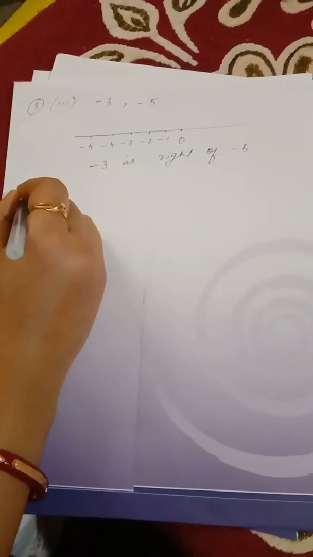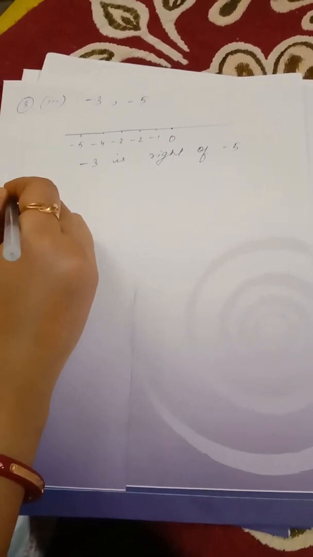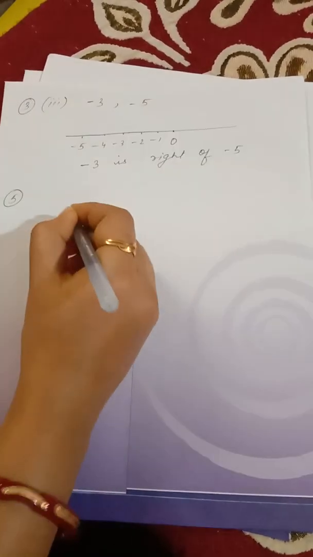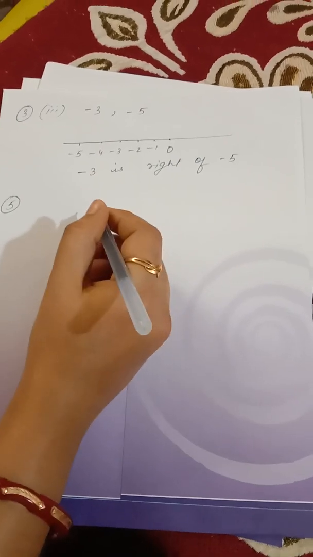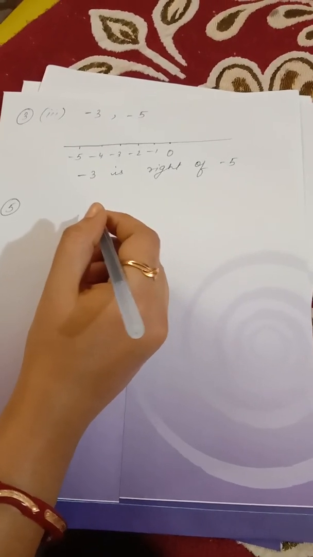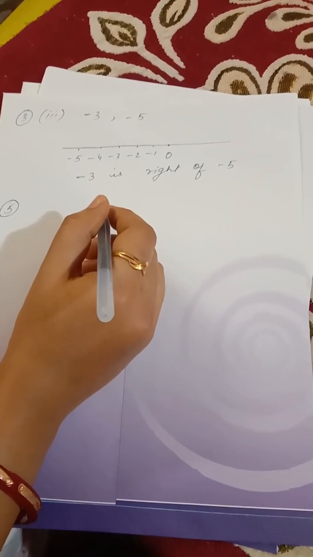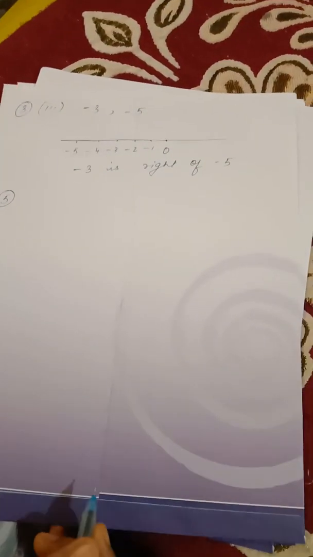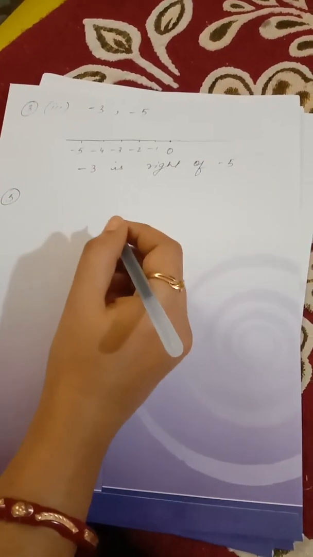Next we will solve number 5. That is, draw number line and answer the following questions. Which integers lie between -9 and -2? For that, we have to draw the number line.